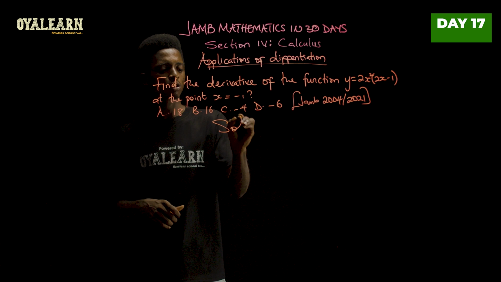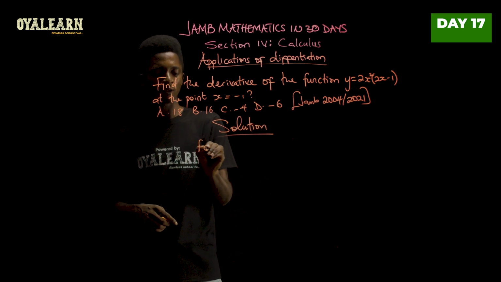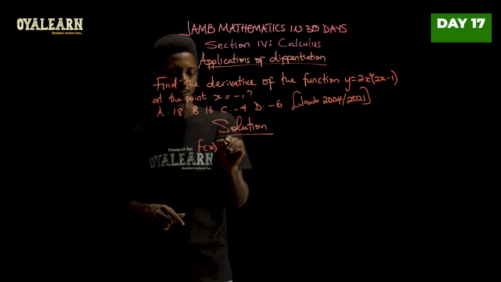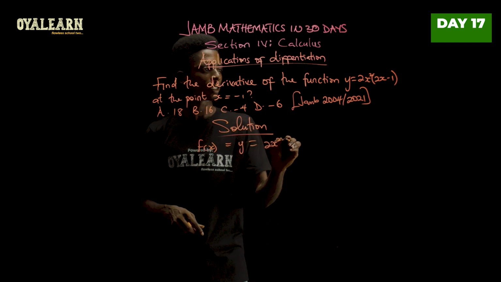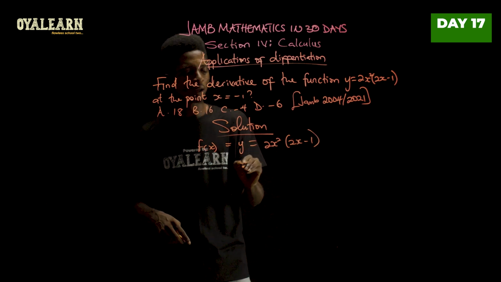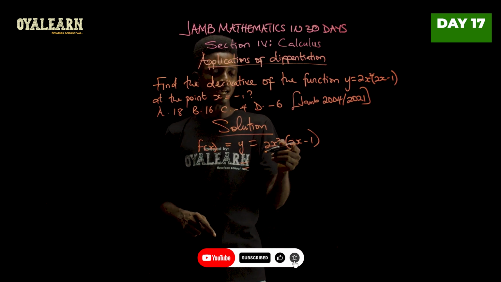So in our solution here, the first thing we want to say is that the function of x states that y equals 2x squared into 2x minus 1. We can then open this bracket up. So we would have 2x squared times 2x.